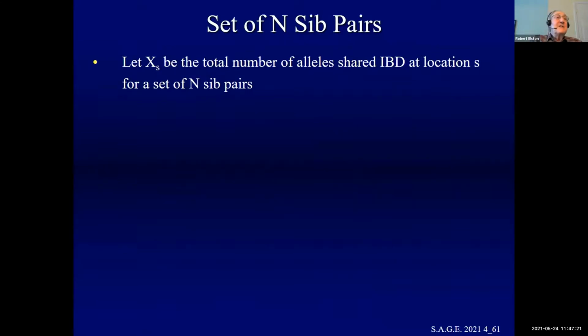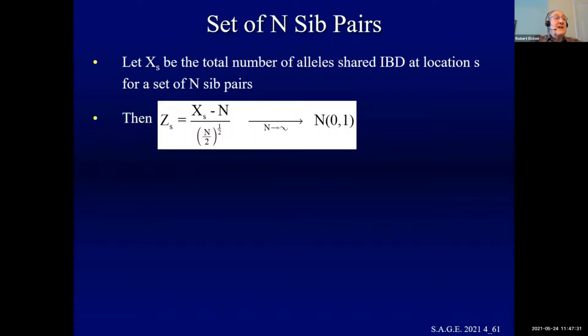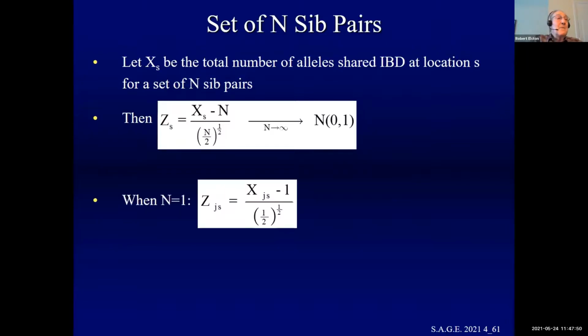Let X_S be the total number of alleles shared identical by descent at location S for a set of N sib pairs. Then if we take X_S, take away N, which is its mean value, divide by the square root of N over 2, which is the variance, then this Z_S becomes normally distributed asymptotically with mean 0 and variance 1.